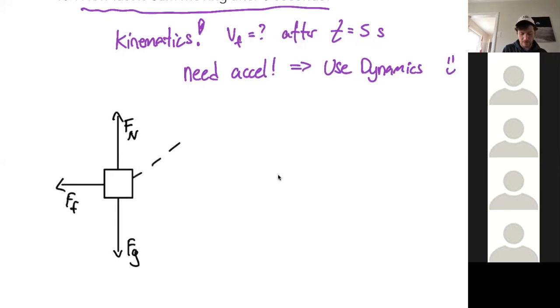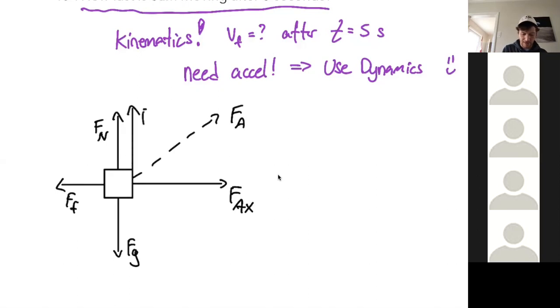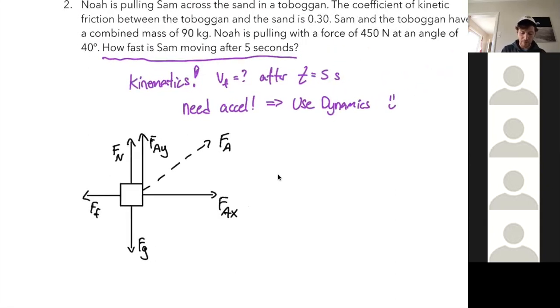We are pulling with some applied force there, but we need to break that up like so into an FAX. And I don't like where this FN went. I'm going to put it over there because we need an FAY component.